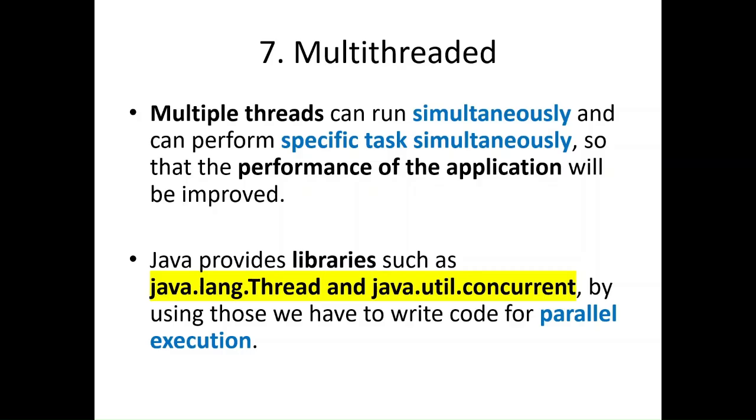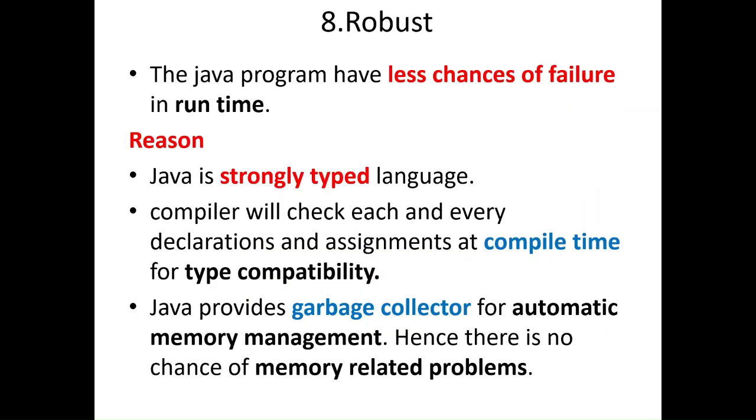So Java supports multi-threading, that is, multiple tasks executing in parallel. And a robust Java program has very little chance of failure at runtime, because Java is a strongly typed language. What is a strongly typed language?